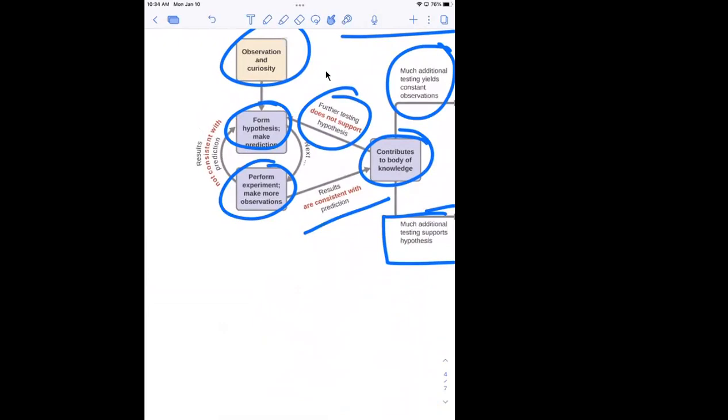And then you perform experiments in order to either prove or disprove your hypothesis. So yes, those are your 3 steps. Observe, make an assumption about what you observed and why it's happening, and then do the experiments to prove what you said is true. Okay, thank you.